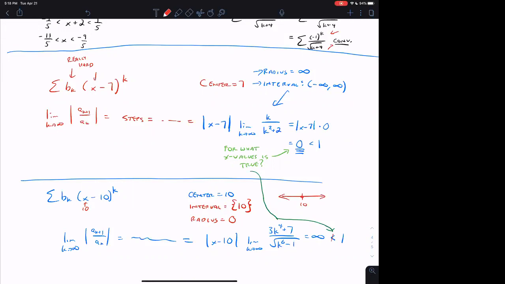This one up here has to converge at 7 when x is 7. It does, it converges at everything, but it must converge at 7. This one converges nowhere except 10. So the one on the bottom converges nowhere except the center. Everybody clear?